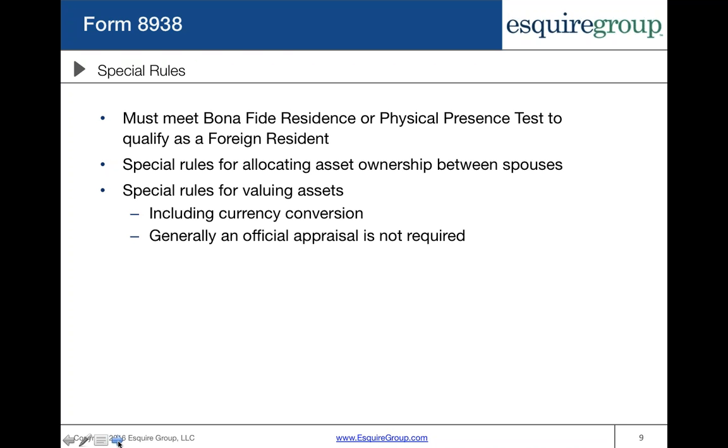There are special rules for how to convert the currency or value the assets that have to be followed. Generally, an official appraisal is not required. So if it's an asset that, for whatever reason, is not a marketable security, or it's not cash and an exchange rate can be applied to it, then your best guess of what it is worth will suffice.